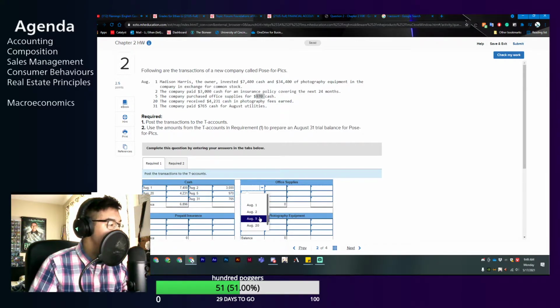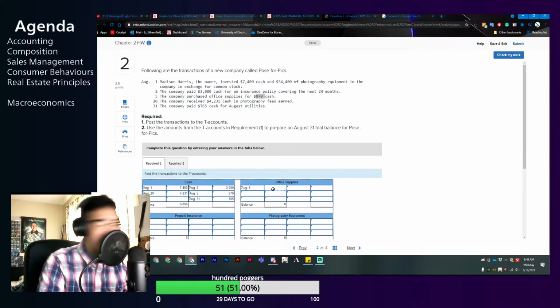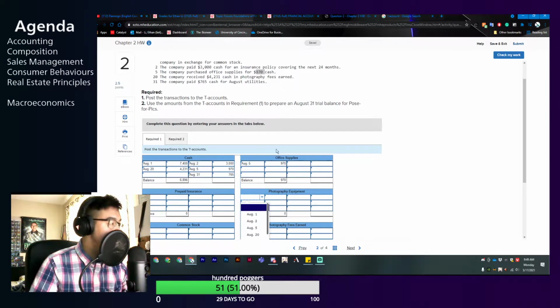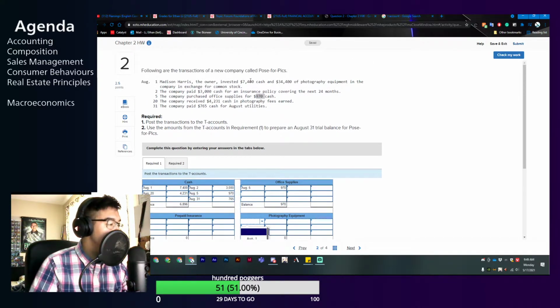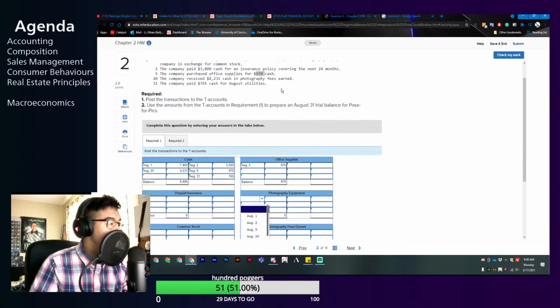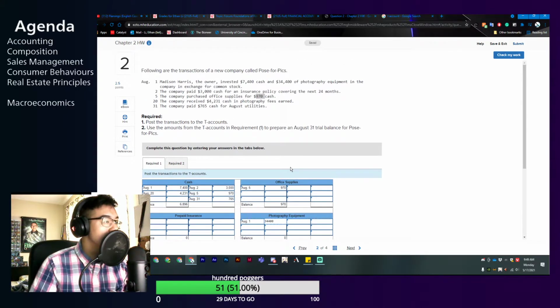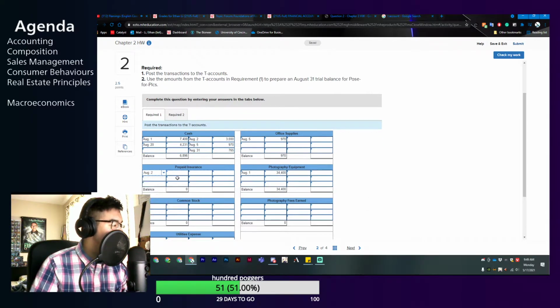Okay, on the 5th, they've only gotten 970. Photo equipment on the 1st, 3440. Right, on the 2nd, 3k. Insurance.